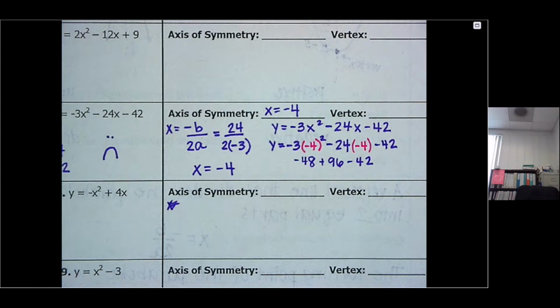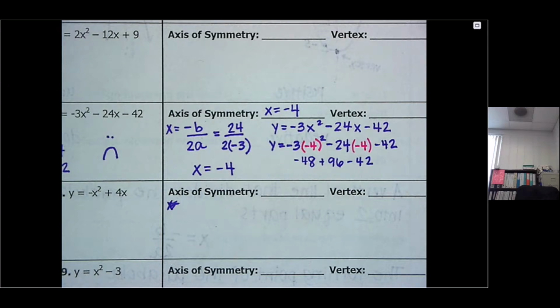Now we're going to keep going. What is negative 24 times negative 4? It's 96, and it's positive. And then I bring down my minus 42.